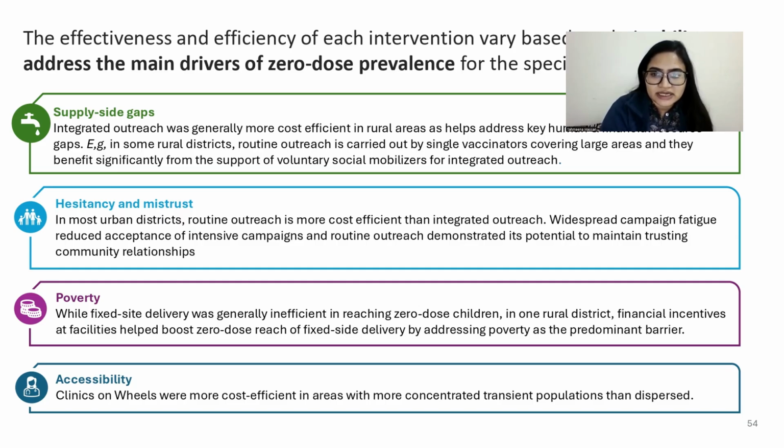For example, in areas where the supply side is weak and the routine infrastructure is not sufficiently providing services to the targeted population, IOA works best, as additional resources such as fuel, transportation and service delivery support to the vaccinators would increase the reach to the unreached children and help to have more benefits.